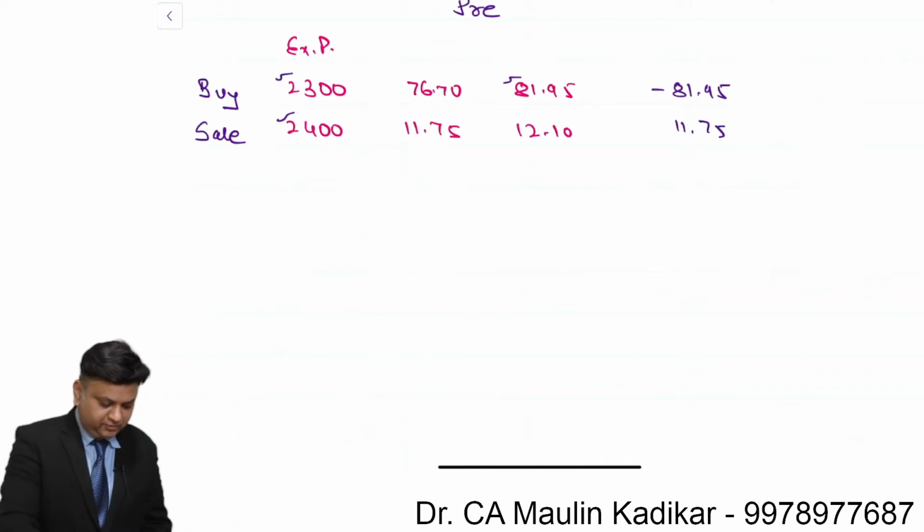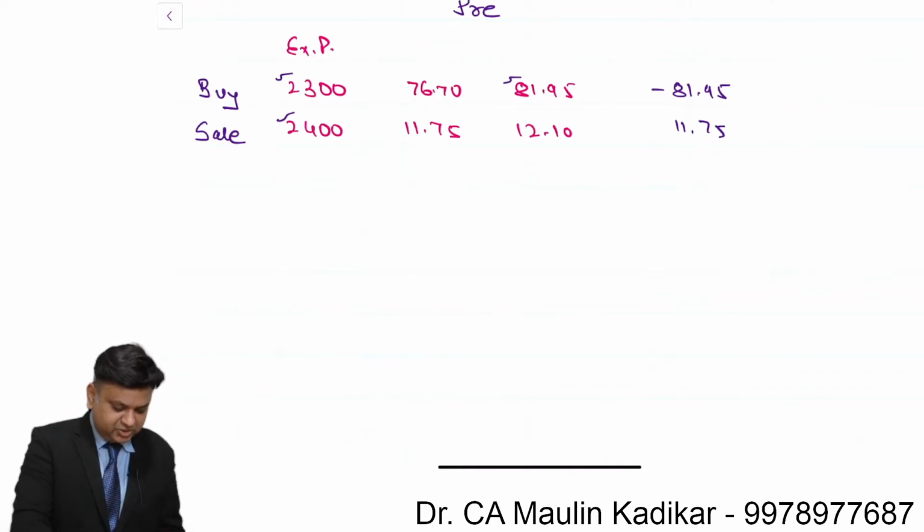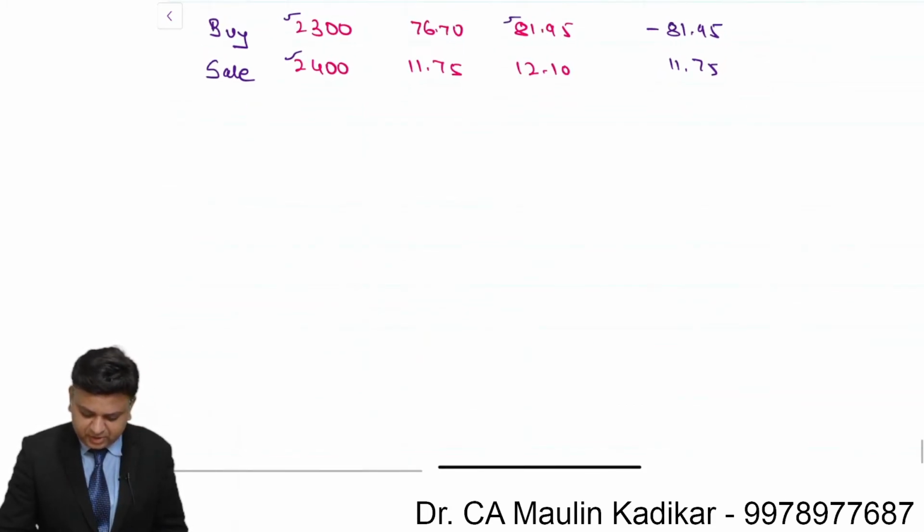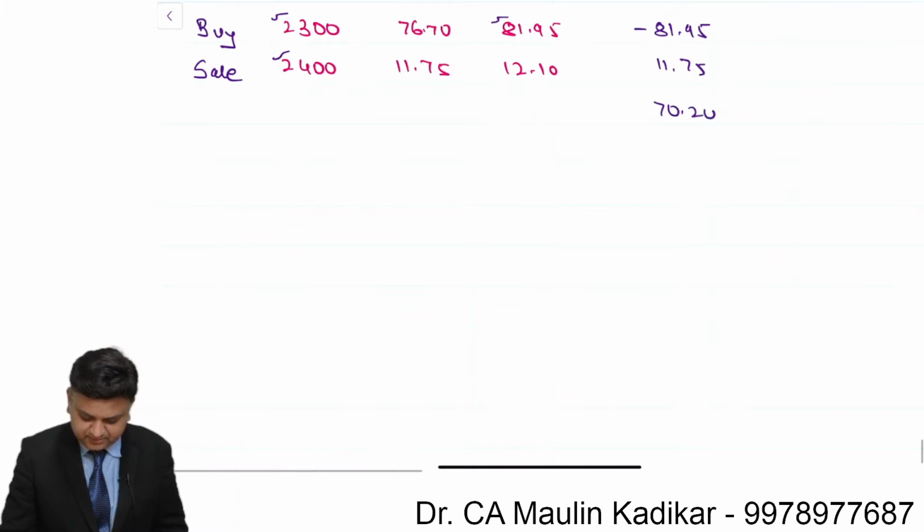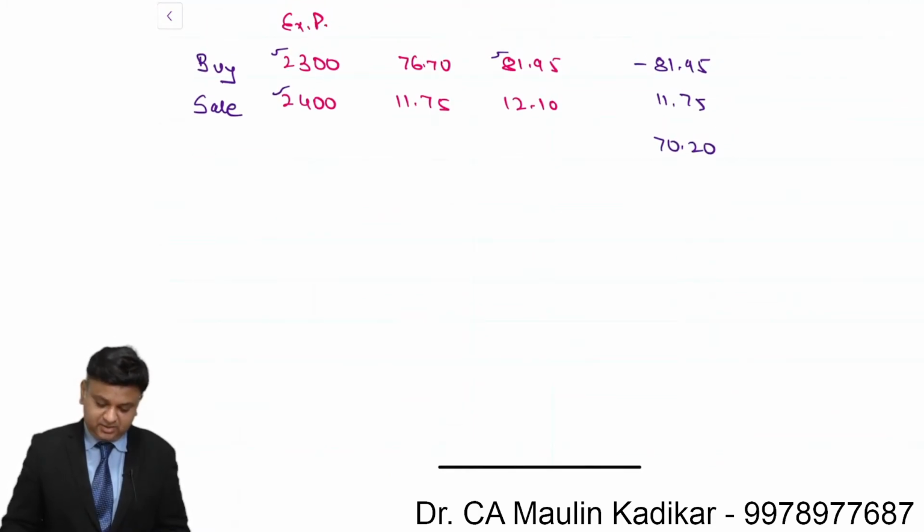The difference of both of them is the initial cash outflow. So 11.75 minus 81.95, initially you are required to make a payment of 70 rupees 20 paise. This is what we understand.